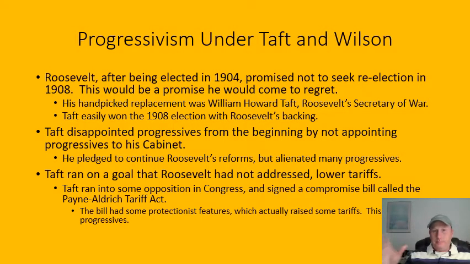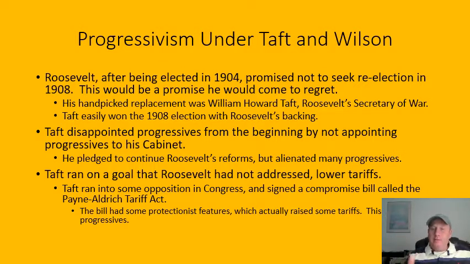Okay, so Taft, when he took office, pledged to continue Roosevelt's reforms, but he alienated many progressives, and he started off by not appointing any progressives to his cabinet. Taft ran on a goal that Roosevelt had not addressed, that is, lowering tariffs.